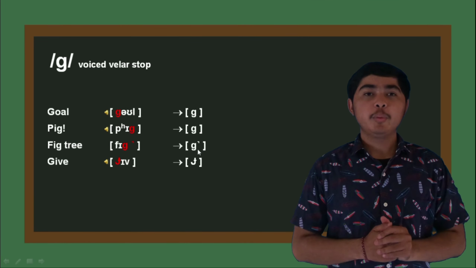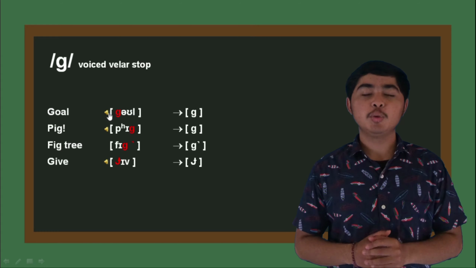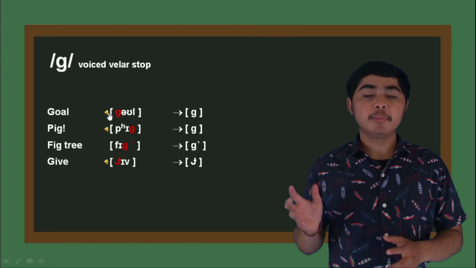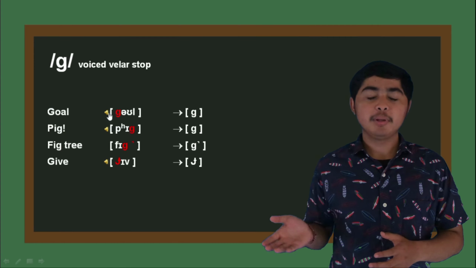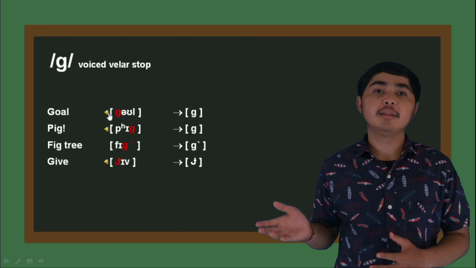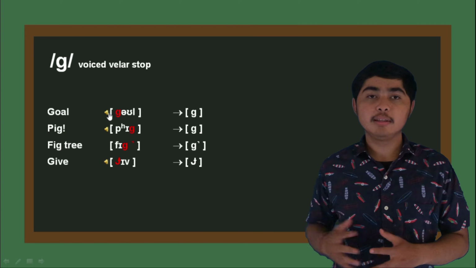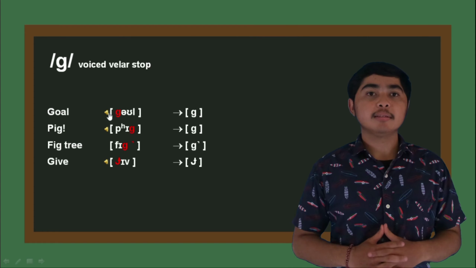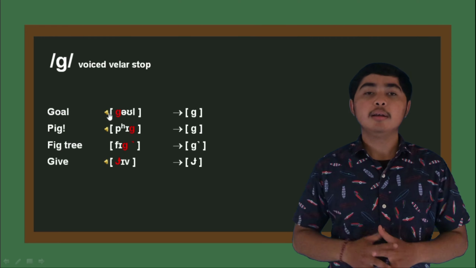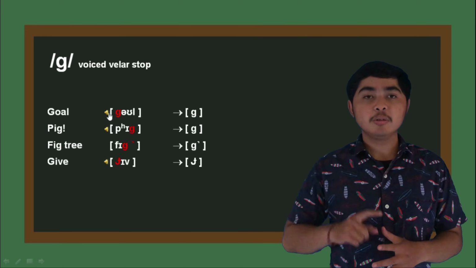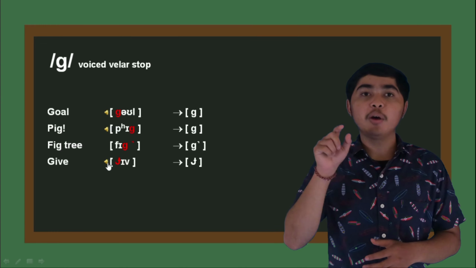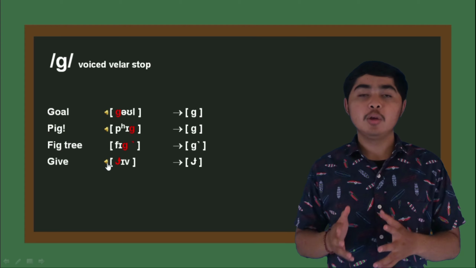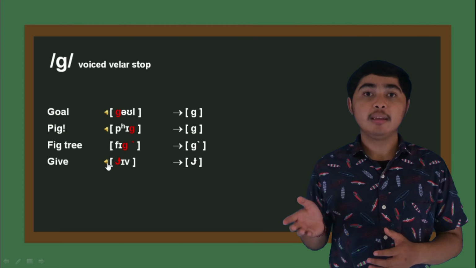Okay, right now we discuss two phonemes, g and p. For g, please pay attention to the phonetic transcription. From this data, we can infer that phoneme g is pronounced palatal, or sounds palatal, when it precedes front close vowels, just like in give.